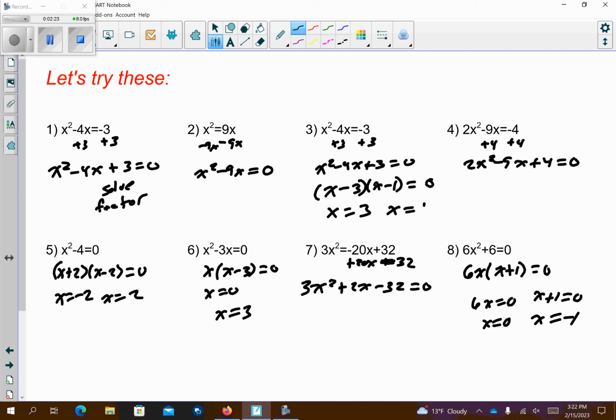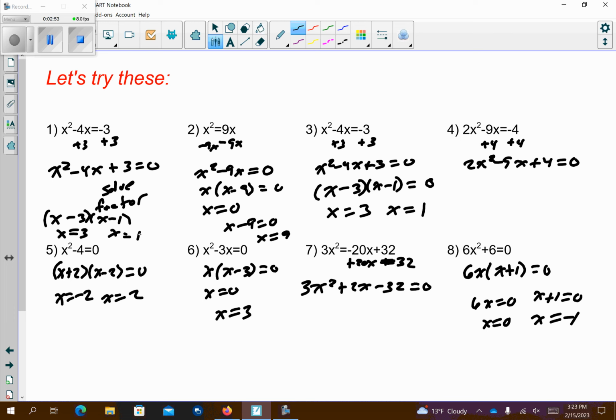X and x minus 9 equals 0. So x equals 0. X minus 9 equals 0. So x equals 9. This particular one would have factored down to x minus 3 and x minus 1. So x is equal to 3 and x is equal to 1 when you bring it over on the other side. The rest of them you can do with factoring. Okay, it really shouldn't be too much trouble.